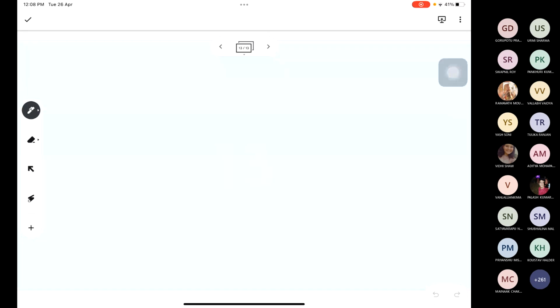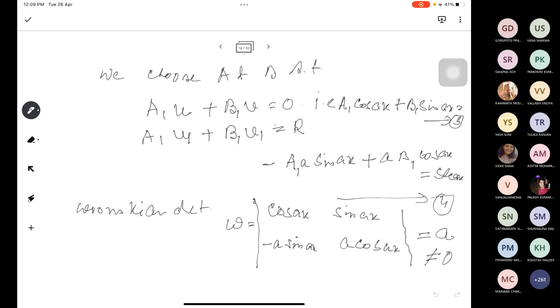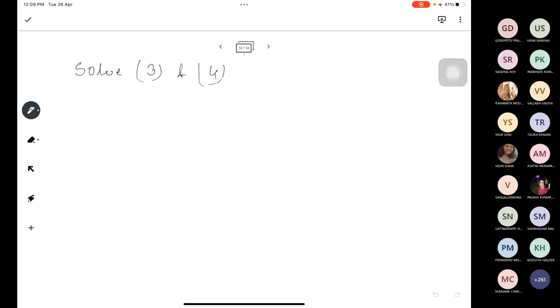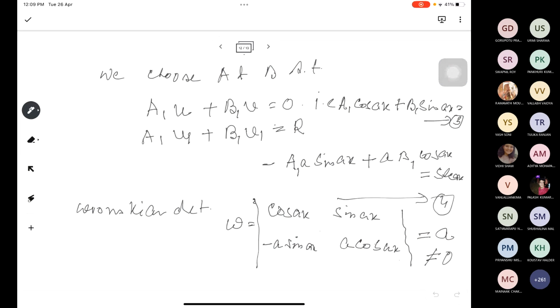Now we solve equations 3 and 4. That is, if we multiply equation 3 by sin ax and equation 4 by cos ax, so what you will get?